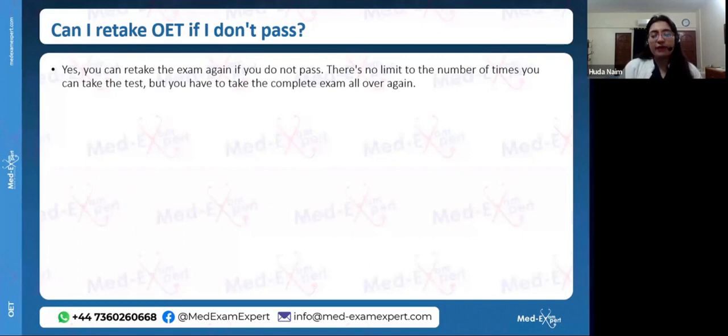The vocabulary is very similar to what you use on a daily basis. The form of communication, the writing, the speaking, even the text that you're supposed to read, are all very familiar to the context that you work in on a daily basis. So I think doctors generally find OET easier as compared to IELTS. I hope that answers your question.